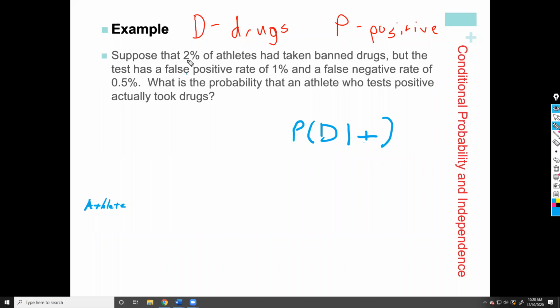Well, the probability that we actually have is the probability that they took the banned substances. We don't actually have the percent of athletes who test positive or test negative. We have false positive and false negative rates. So those are going to go within the smaller branches. So we're going to say drugs, no drugs.